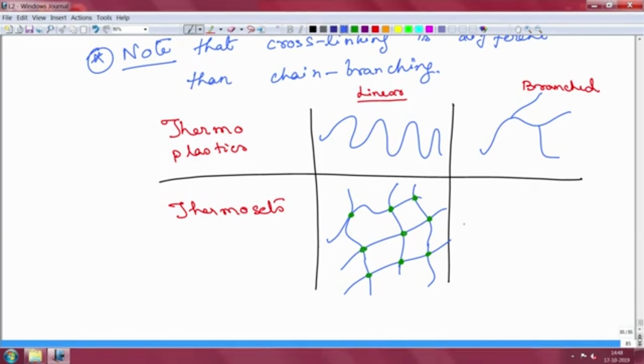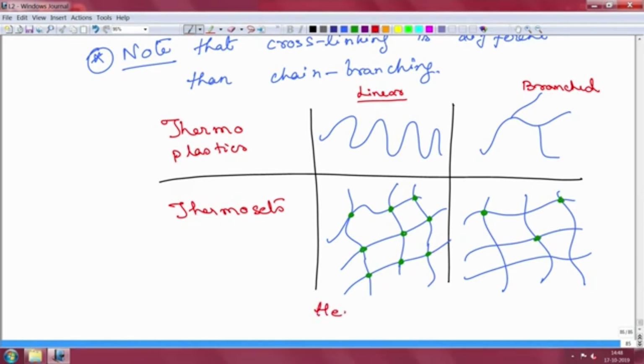So, you can have another case where a very similar situation, and here the number of covalent bonds are lower. Okay. So, this will be called a heavily cross linked polymer thermoset, and this is a lightly cross linked.